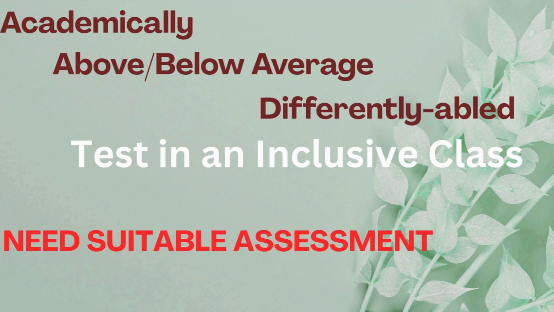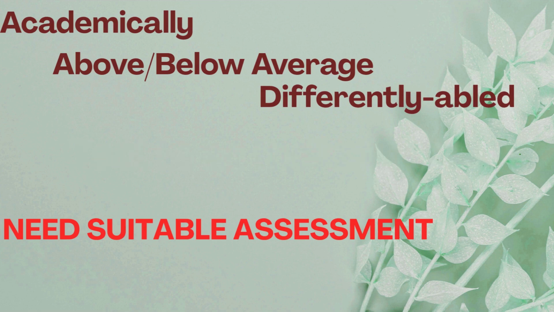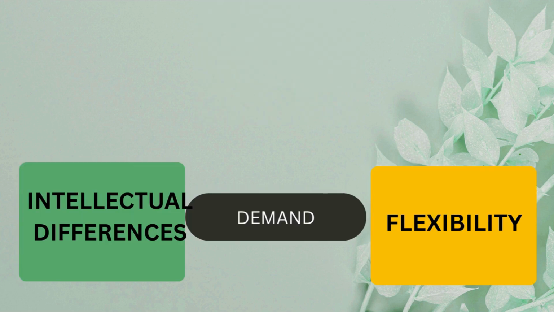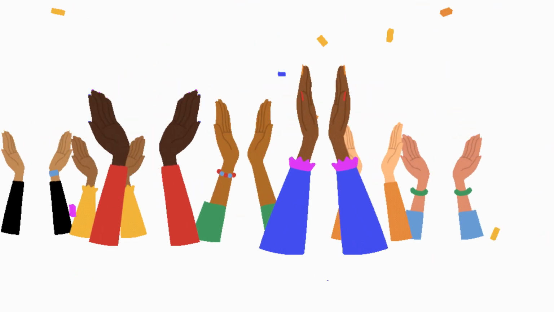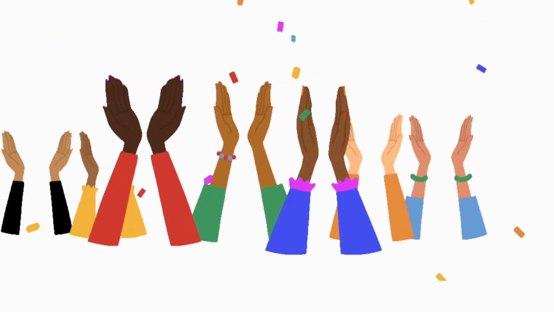Some students may have specific learning disabilities. Some learners may be differently abled. They would not be able to be successful if they are assessed like the others. Even intellectually underdeveloped children or below average students and students with high IQ might be in the same classroom. Therefore, in the new context, we need to think of flexibility in not only providing learning experiences, but also in the way we conduct assessment in the classroom.